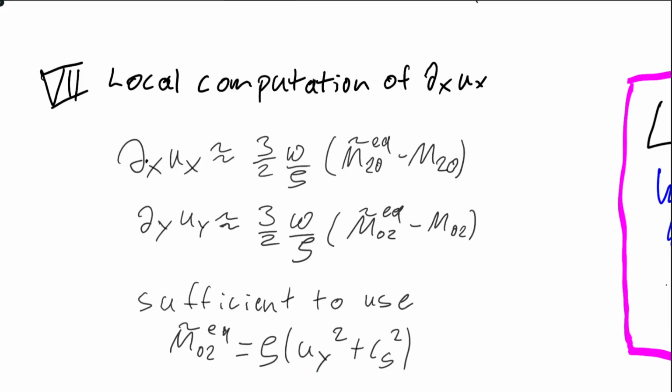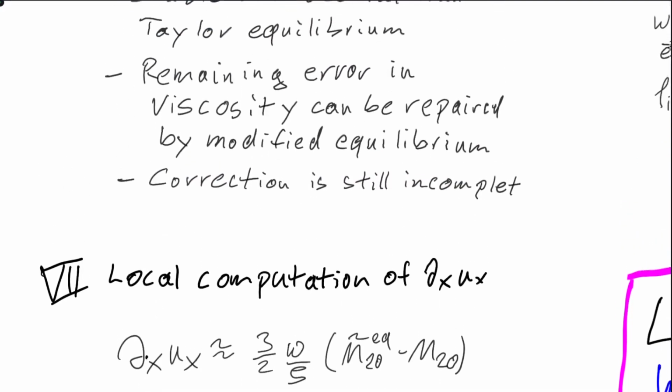Yeah, it is an error that we would otherwise accept. So we get a sufficiently good approximation of the gradient of the velocity here by just using the equilibrium without adding the term for the compensation of the missing third order moment. So that would be sufficient.